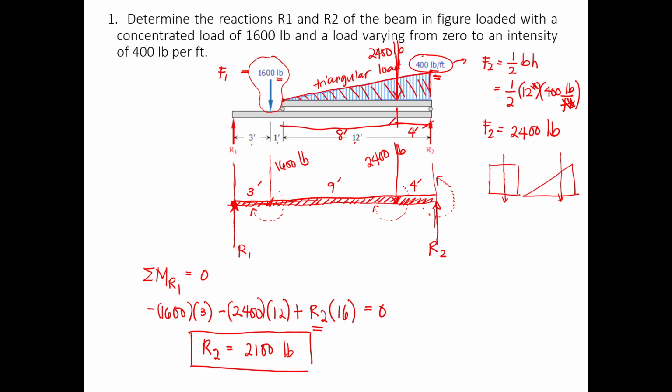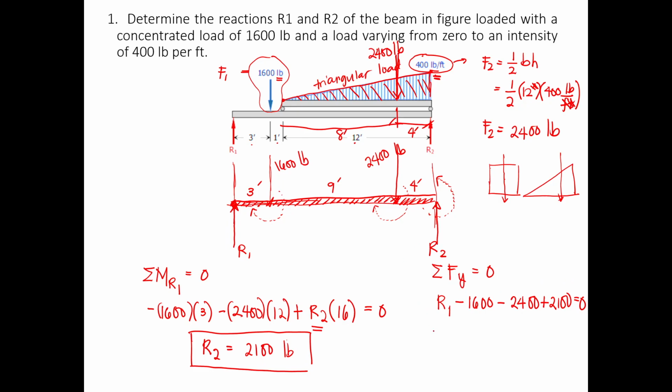To solve for reaction one, this is the time to use the summation of vertical forces equal to 0. So summation of forces y equals 0. Starting with R1, since it's upward, it's a positive force. Then minus 1600, that's a downward force. Minus 2400, that's a downward force again. Plus the upward force of the second reaction, 2100, equals 0.